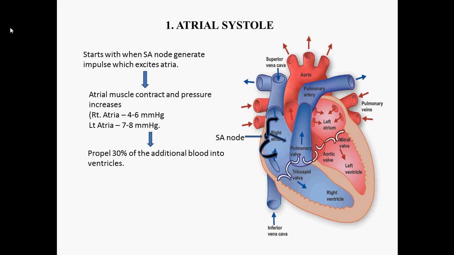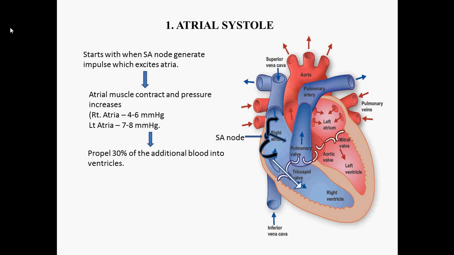This we will discuss later in our cardiac cycle phases. So because of the contraction of the atrial muscle, the additional 30% of the blood is ejected into the ventricles, from right atrium to right ventricle, from left atrium to left ventricle.